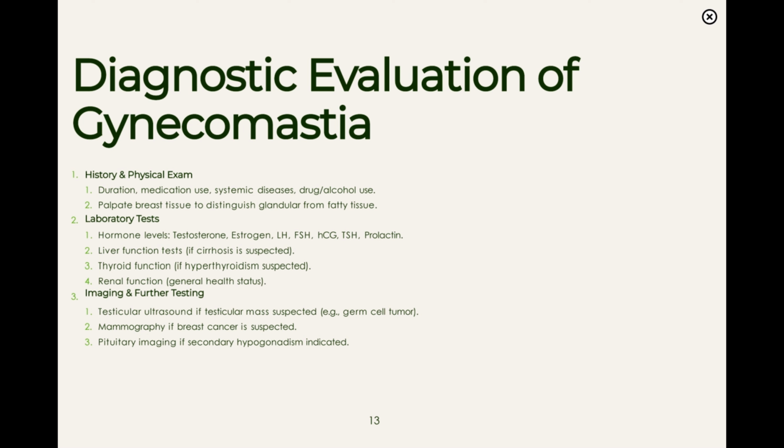So what is a diagnostic evaluation? To have a thorough diagnostic evaluation, we'll be looking at the possible etiologies as well that would guide us. Knowing the duration is relevant, because typically if it's greater than 1 year, it's less likely to improve with medications.